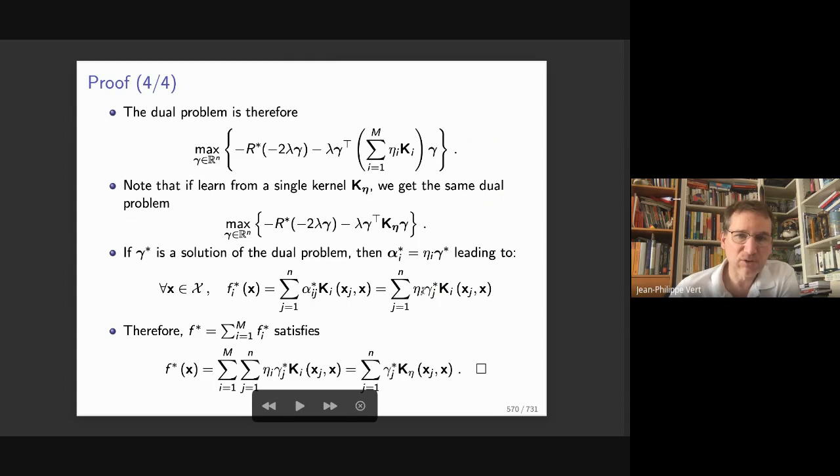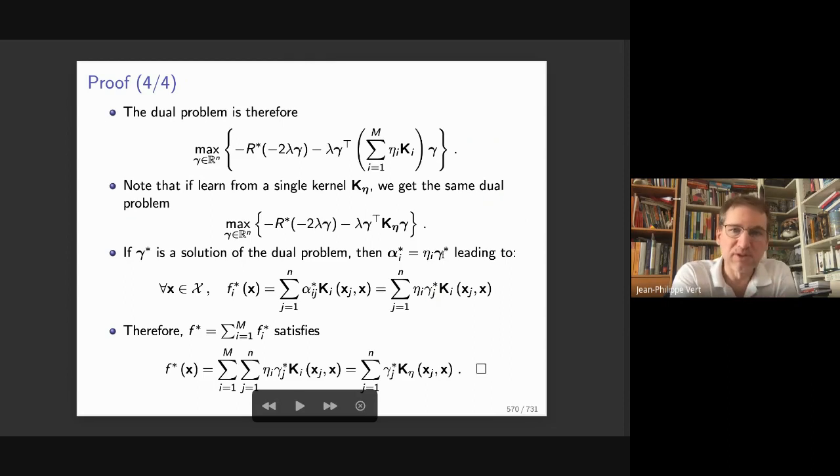You just have a vector eta i, which is given a priori, and then you have a vector gamma, which is just a vector over the points. It has dimension n, and so all the alpha i are proportional to each other. This comes from alpha i star equals eta i times gamma star.